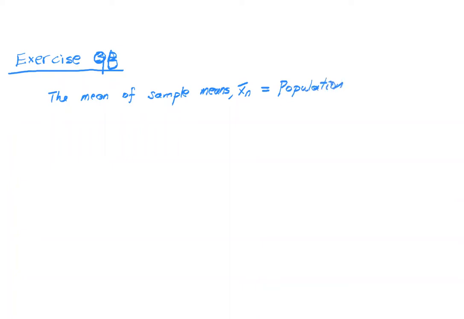Your population is X. Population mean, so we write it like that. That is the first relationship.